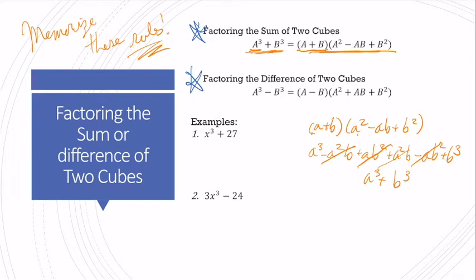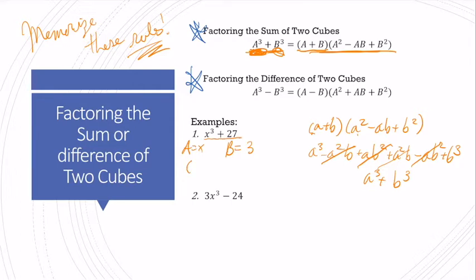So when we're given something that we think is the sum or the difference of two cubes, we need to identify what the cube roots are. So in this case, my capital A would be x, and my capital B would be the cube root of 27, which is 3.